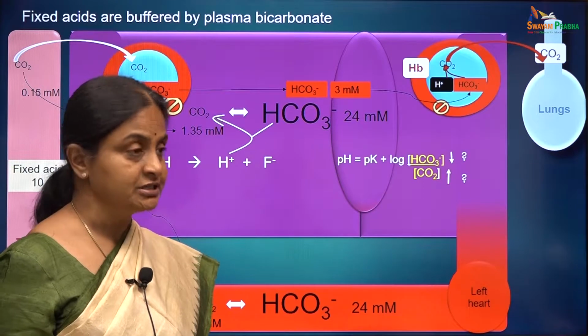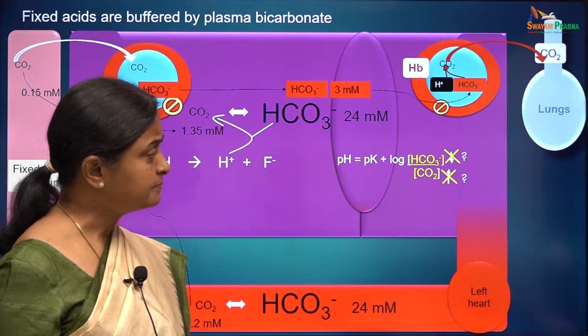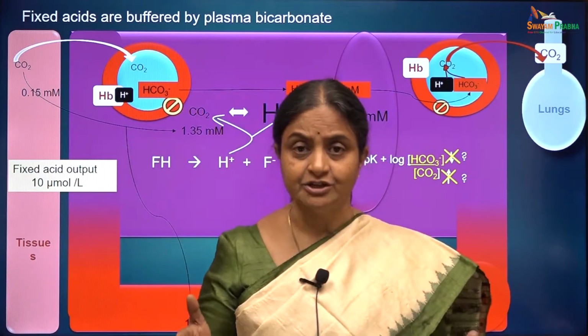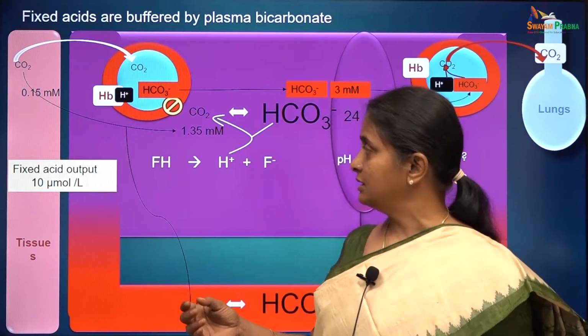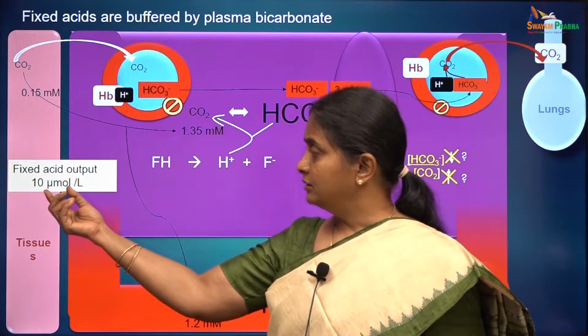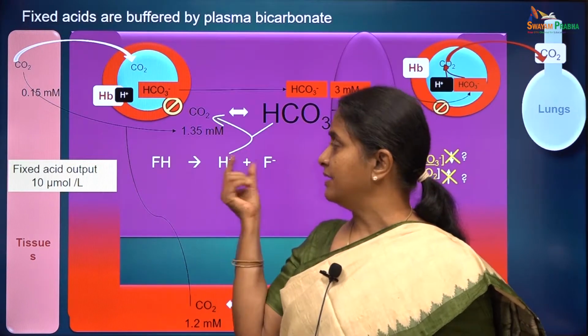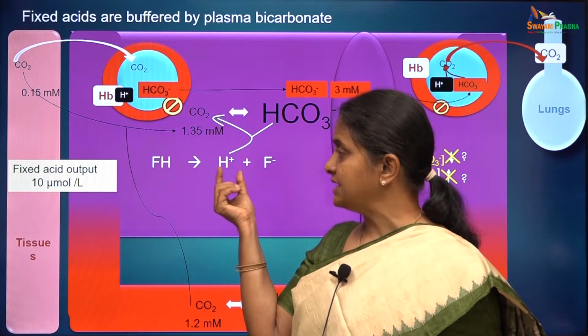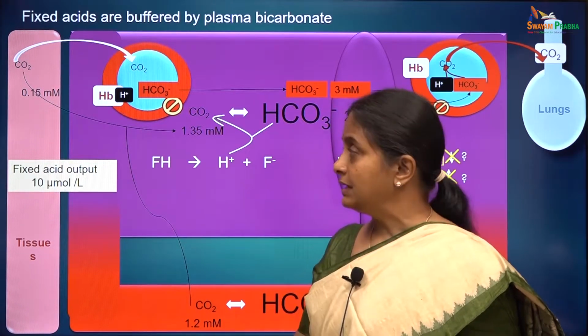The answer is not really, because consider that liter of blood coming into tissues. The protons that may actually come from addition of fixed acids is just 10 micromoles.